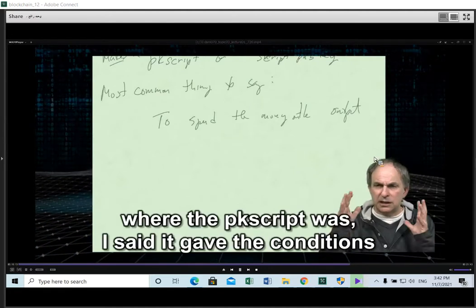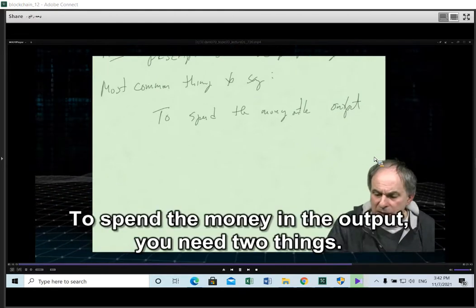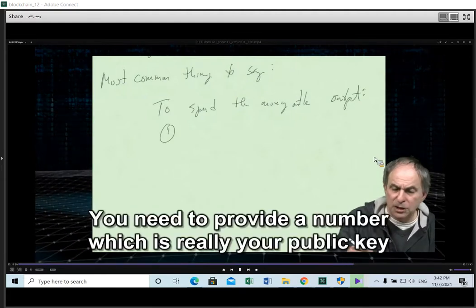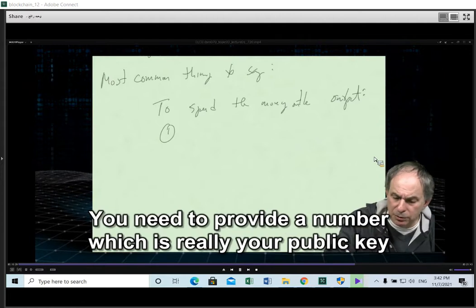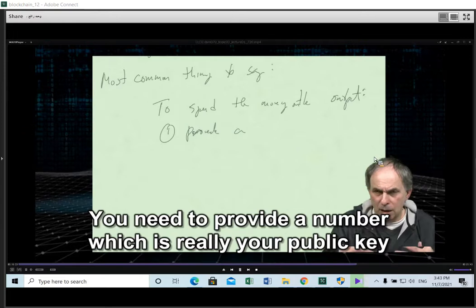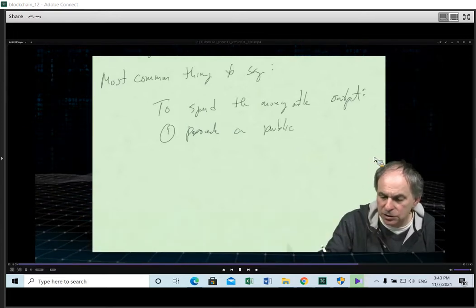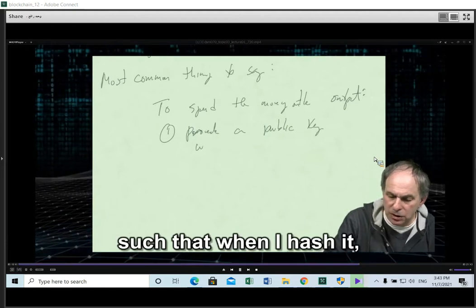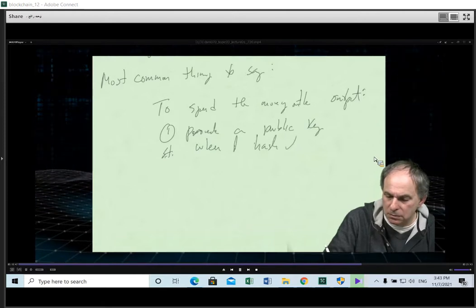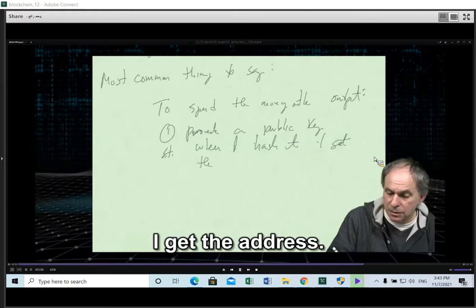So remember, when I said what the PK script was, I said it gave the conditions under which you can take the money, right? To spend the money in the output, you need two things. You need to provide a number, which is really your public key, such that when I hash it, I get the address.